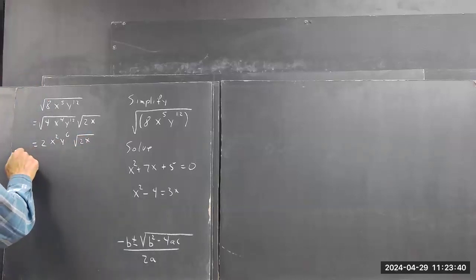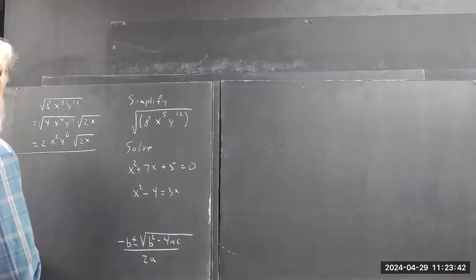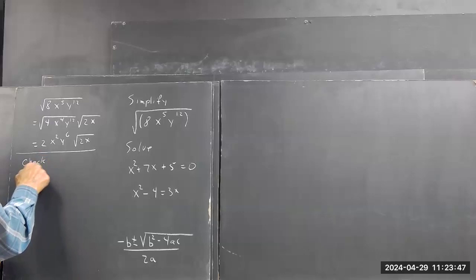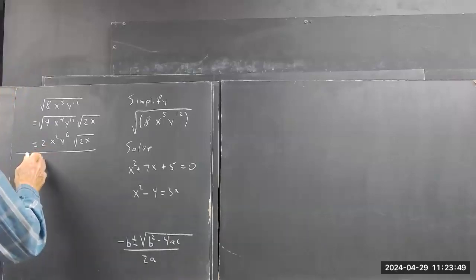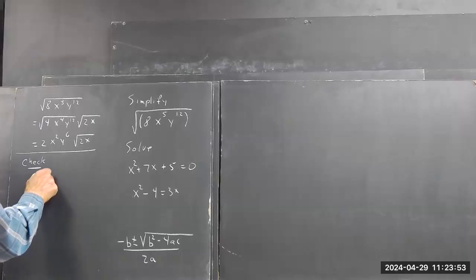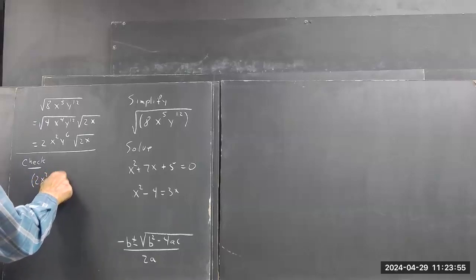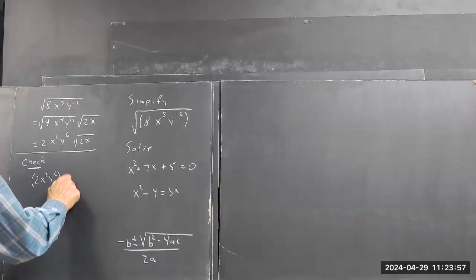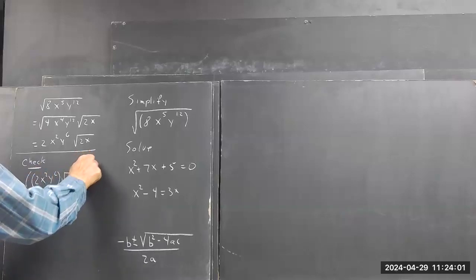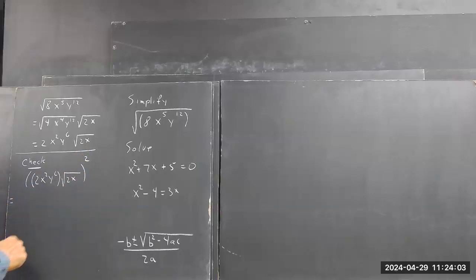Now, there's a lot to be learned if we check this. If we square this term, well, I could use the rules for exponents, but people tend to be pretty insecure with those rules.